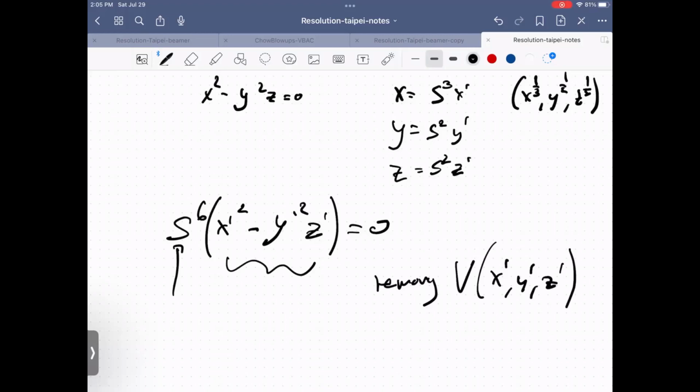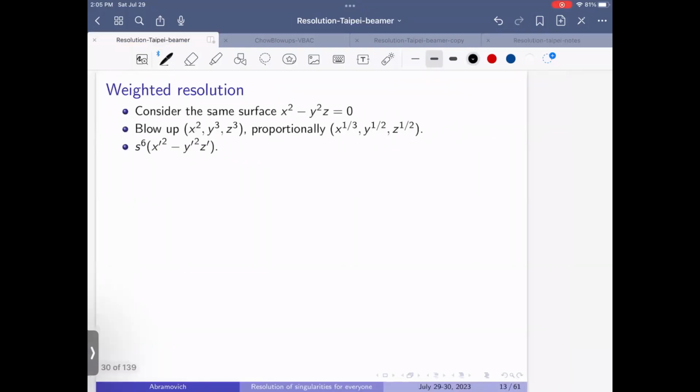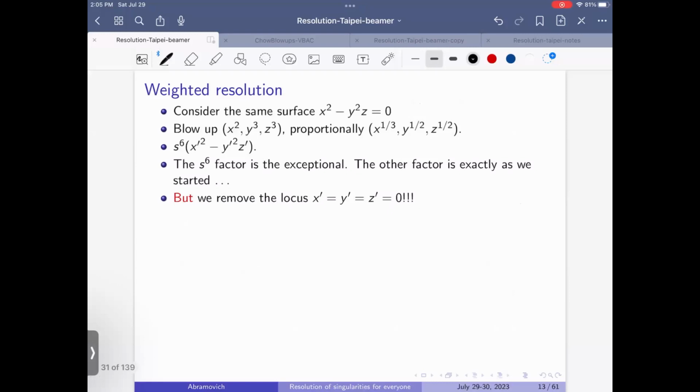So I no longer have the worst singular locus in this picture. So the singularities became better. So again, the s to the 6 factor is exceptional. The other factor is exactly as we started, but we removed the offending locus.